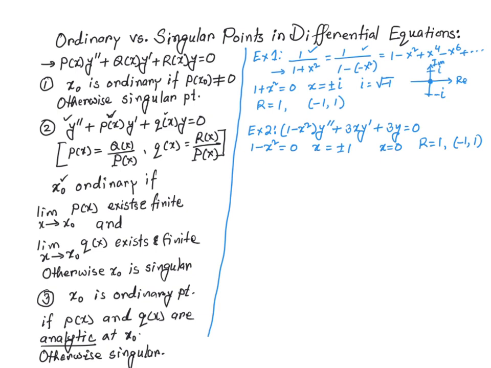However, there is something else I want to introduce here that's very important. Let's divide both sides of this equation by 1 minus x squared. That's going to give me y double prime plus 3x over 1 minus x squared times y prime plus 3 over 1 minus x squared times y is equal to 0.